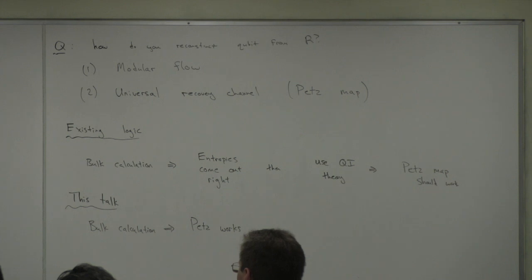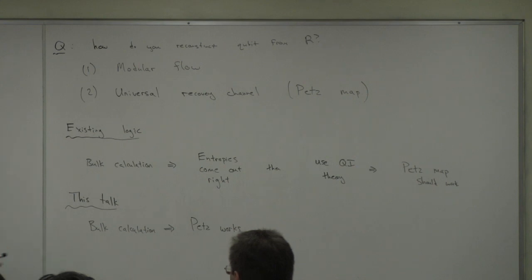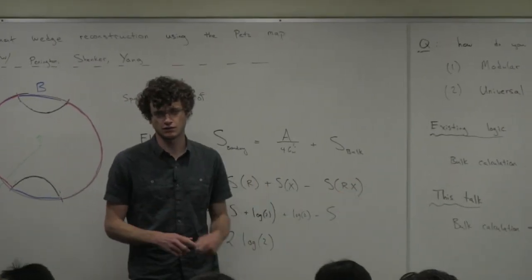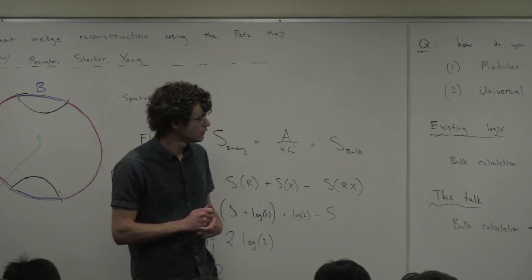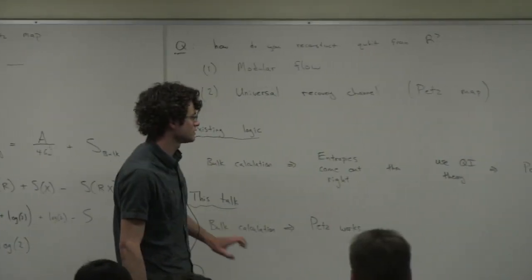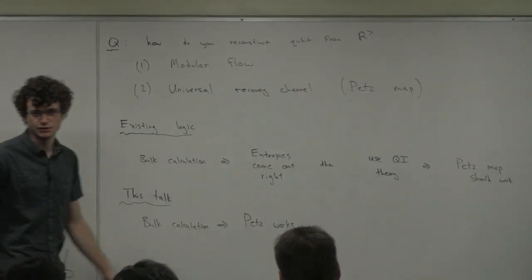So one is sort of removing an intermediate step. Rather than taking the results of an FLM calculation and then feeding them into quantum information theory to show the Petz map works, you just directly use FLM-like logic to show that the Petz map works. So it's a slightly more direct argument, where a gravitational calculation directly shows that this operator should work without having to know quantum information theory facts.